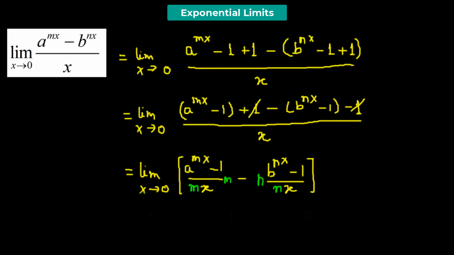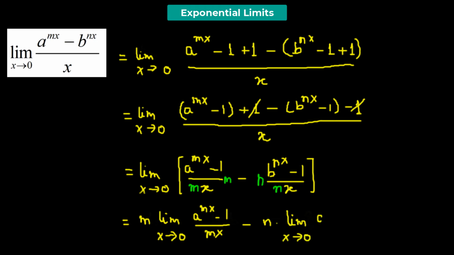Now that is going to give us m times the limit x approaching 0 of (a raised to the power of mx minus 1) divided by mx, minus n multiplied by the limit x approaching 0 of (a raised to the power of nx minus 1) divided by nx.